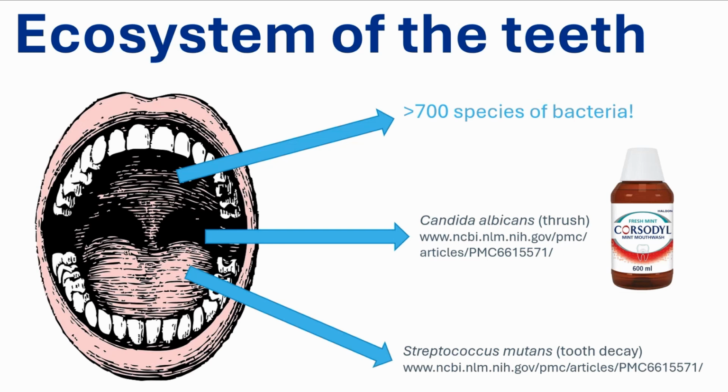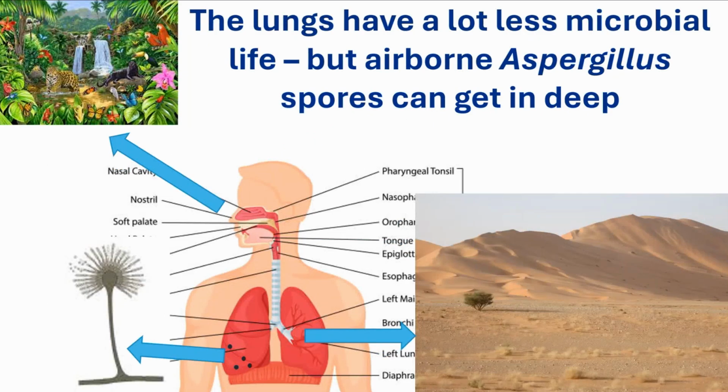It's the one that really likes the sugar in whatever you're eating, and it produces the acid that causes tooth cavities. These are a couple of bad guys. There are plenty of other good guys as well, but I'm not going to get into that.